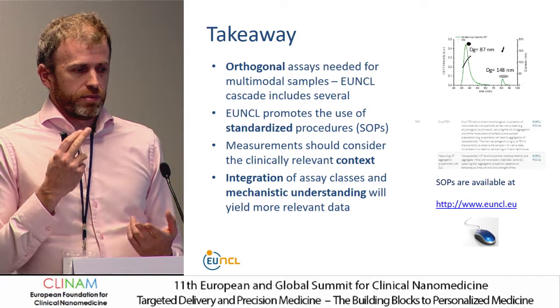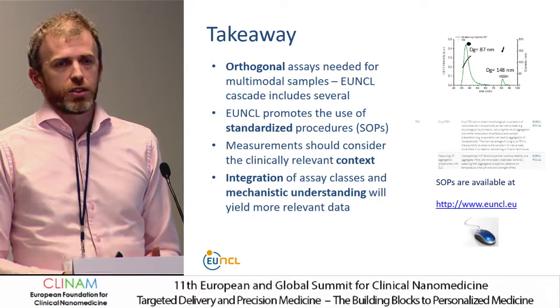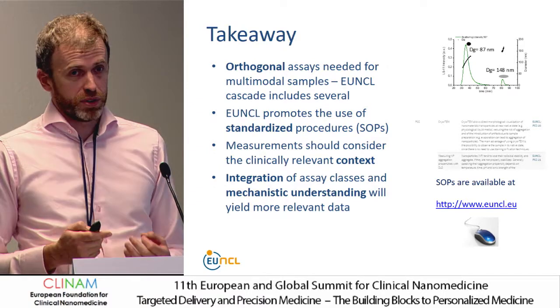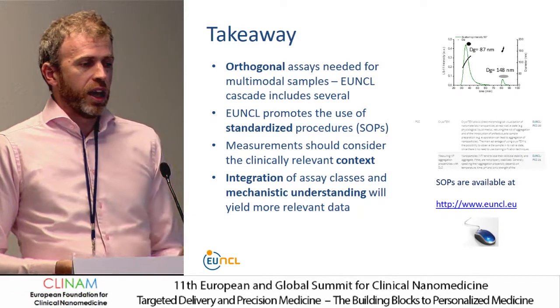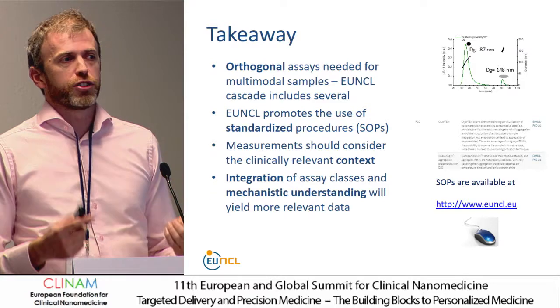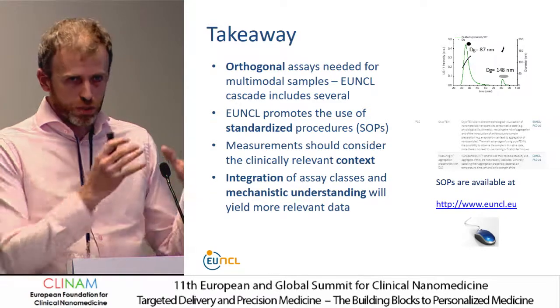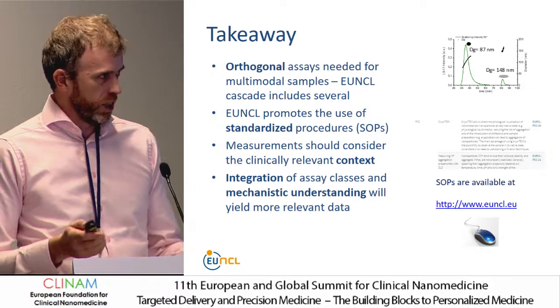Also, measurements should be done in the most relevant context, so in the presence of plasma proteins, if you have things that have strong protein binding. And again, integration of assays will give you a lot more relevant information than just doing them blindly separately. So yeah, thanks.